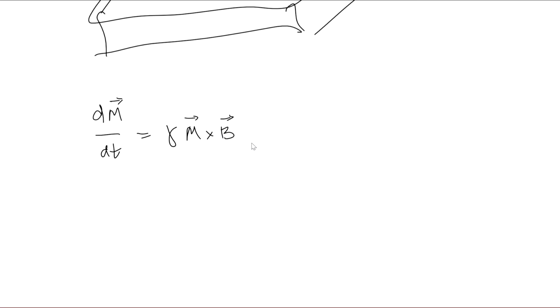But there are losses related to spin orbit interaction, and there are spin relaxation times. So we can add another term here, and it might seem to be a bit more complex.